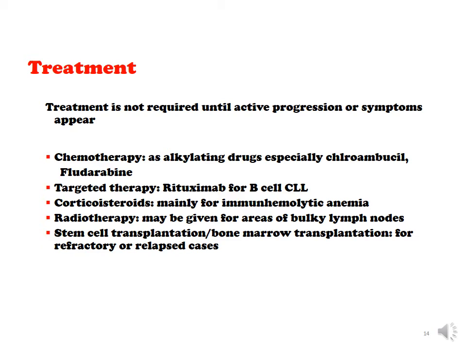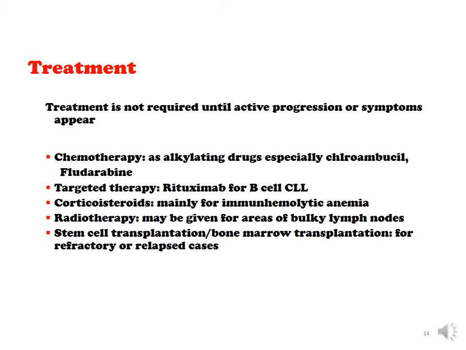This means they don't have the symptoms we have mentioned before, and no significant lymphadenopathy, meaning not more than 10 centimeters, or significant splenomegaly, more than 6 centimeters, or any significant cytopenia like anemia and thrombocytopenia, or any pressure symptoms caused by enlarged lymph nodes. So we are not going to treat this patient.